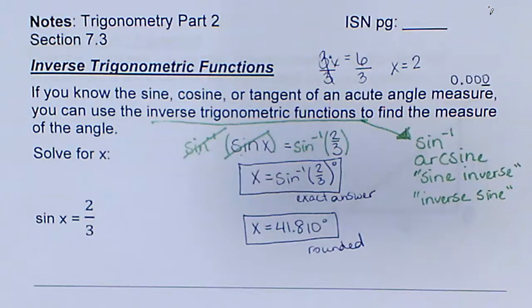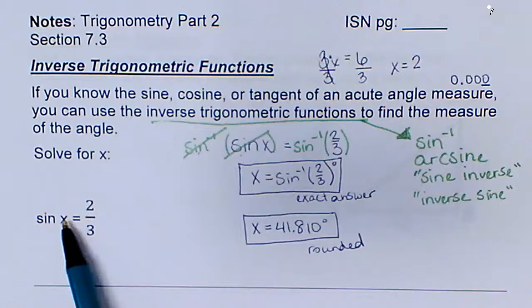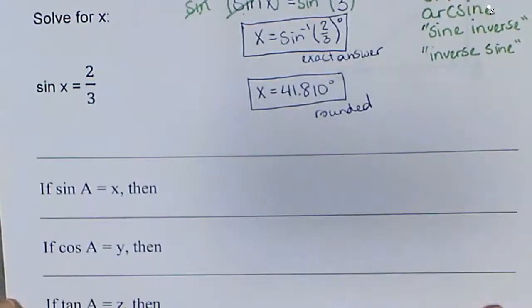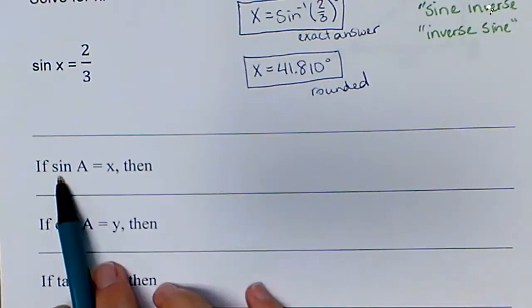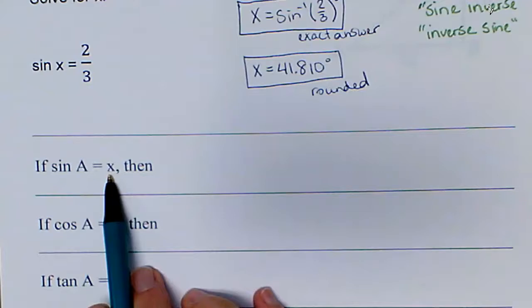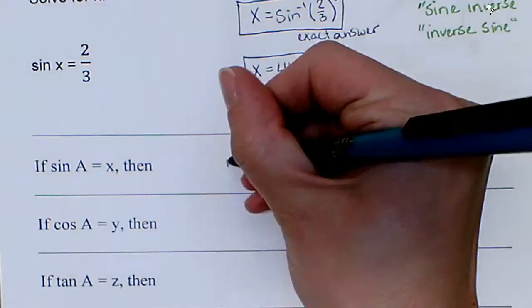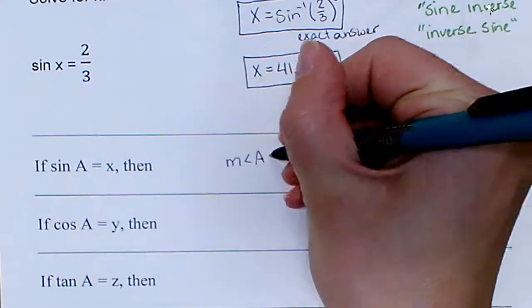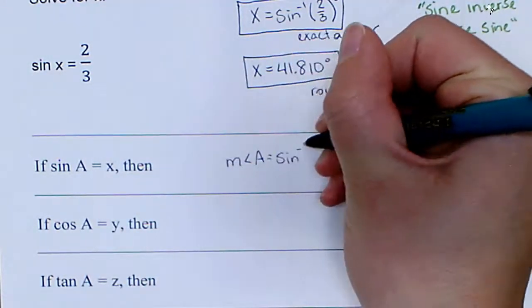The gist of this first problem is to help you to understand that there are inverse trigonometric functions that exist, and they can undo your sine, cosine, and tangent functions whenever you need to evaluate the angle measure. So here, if sine of angle A is equal to x, then the measure of angle A equals sine inverse of x.